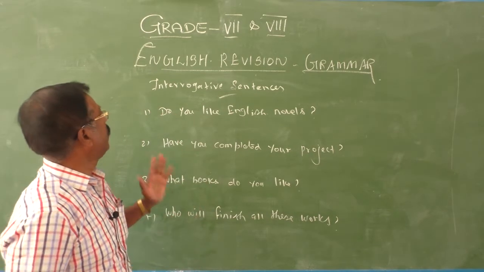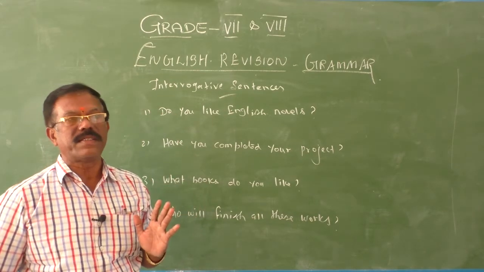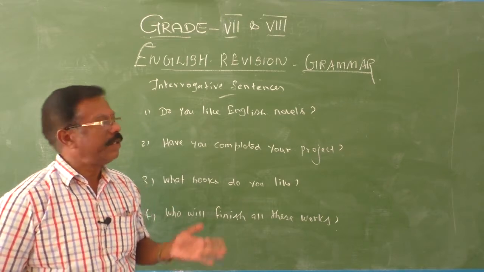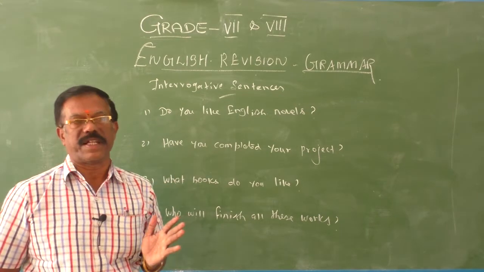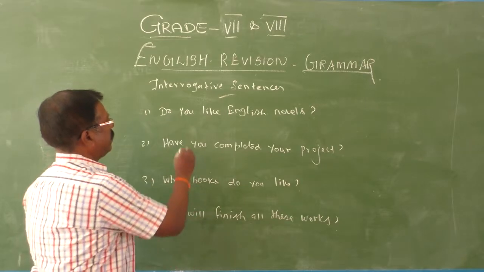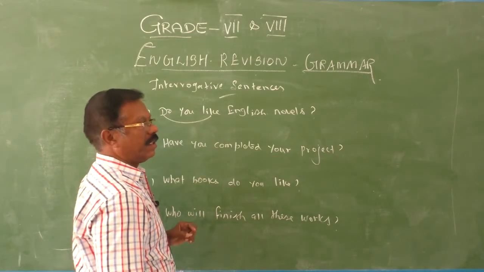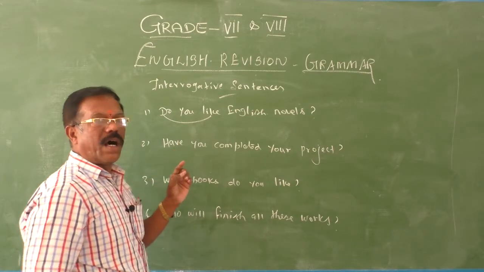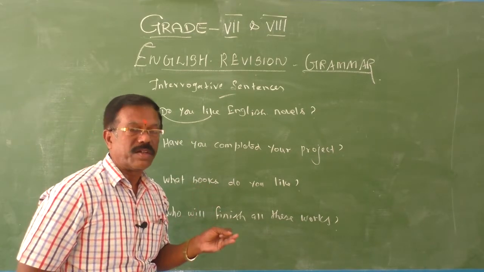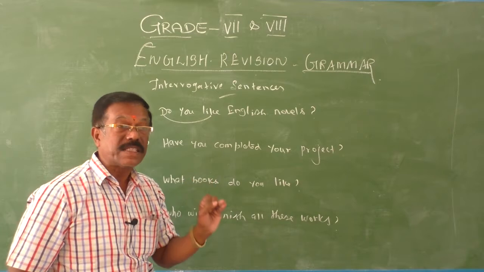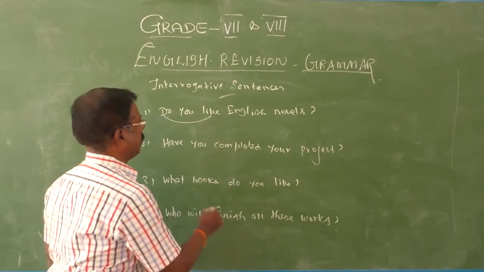See, do you like English novels? When you change this interrogative sentence into passive form, note that do plus like is simple present. So we can use is or are to frame the passive interrogative sentence.